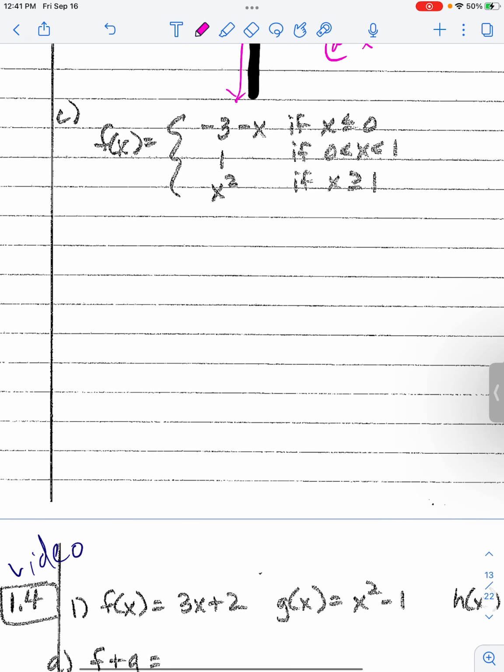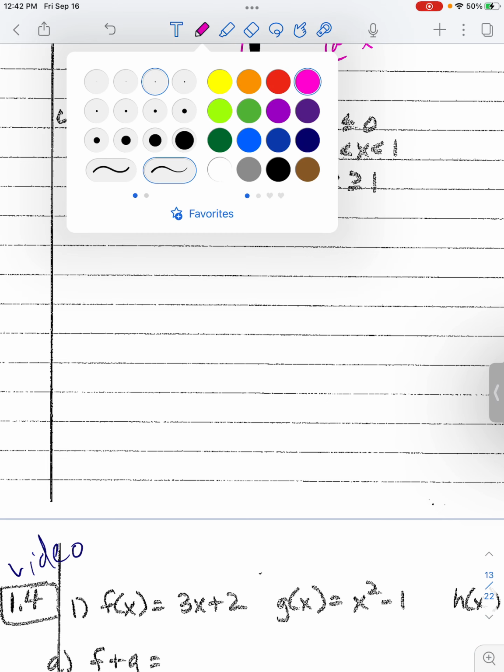Part C, f of x equals negative 3 minus x if x is less than or equal to 0. So these are 3 pieces here, okay? So we've got to draw 3 different pieces.